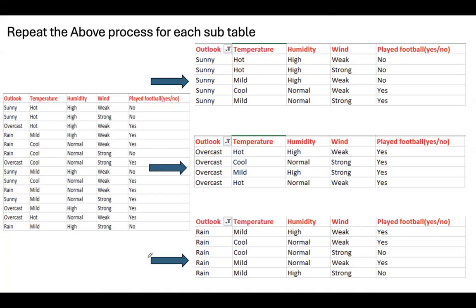So I've made smaller tables out of that larger table. Now for each of these tables, I'll repeat the same process which I've done earlier. Exactly the same process. I'll repeat it for each of these tables and find out what should come next.